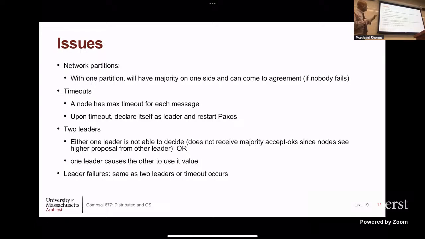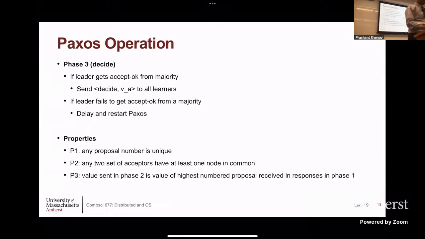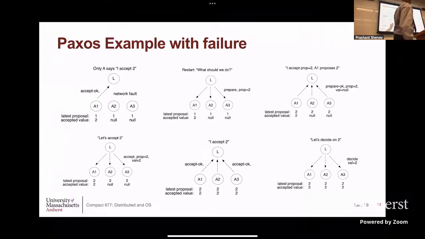Okay? Now, there are lots of use cases you can think of as to what might go wrong. Network partitions, I already showed you an actual example. So long as there's a majority on one side of the partition, you can continue to run. The case I didn't show you is in this example, maybe there are 10 nodes, 9 of them disappear and only one of them actually goes to this leader.